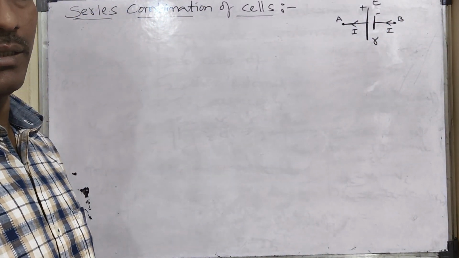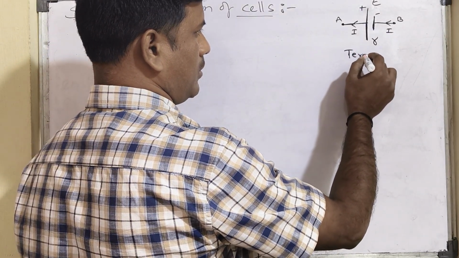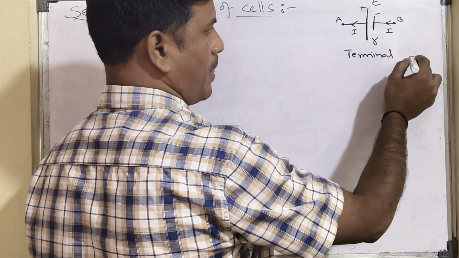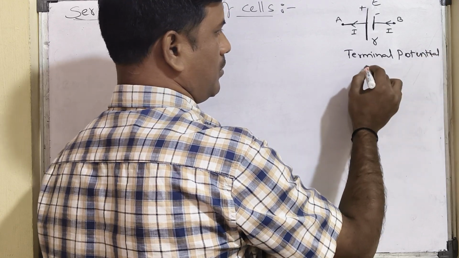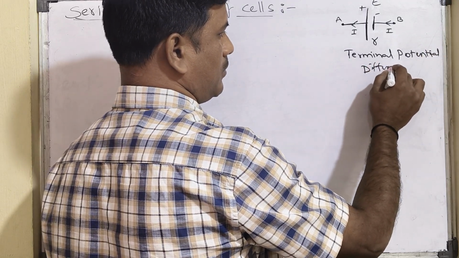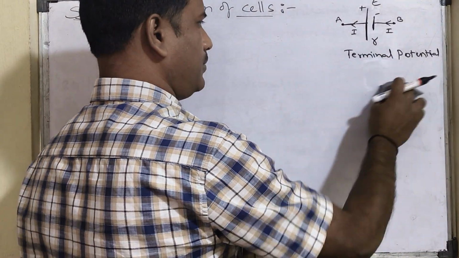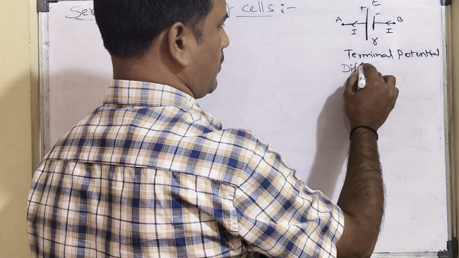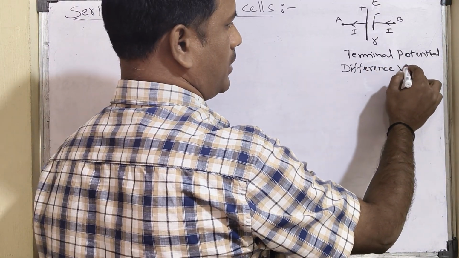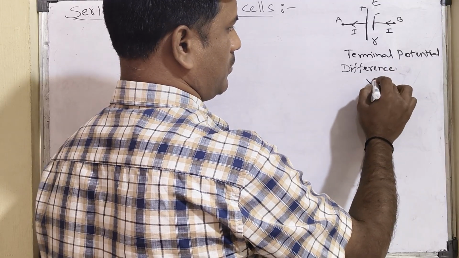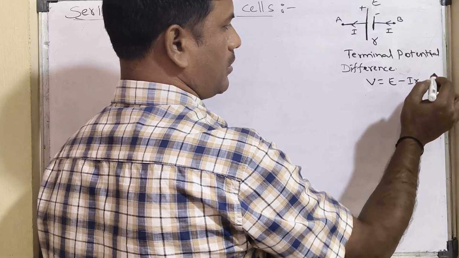Right. So now between this terminal and this terminal, a voltage difference can exist, called the terminal potential difference. Terminal potential difference V is equal to E minus IR.